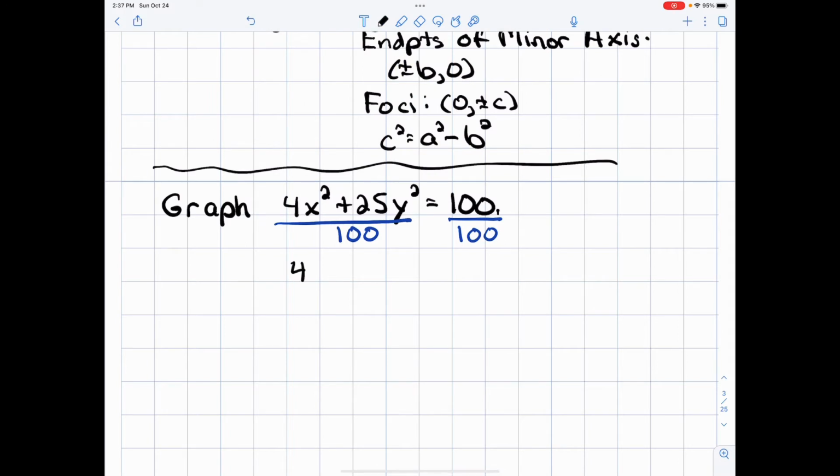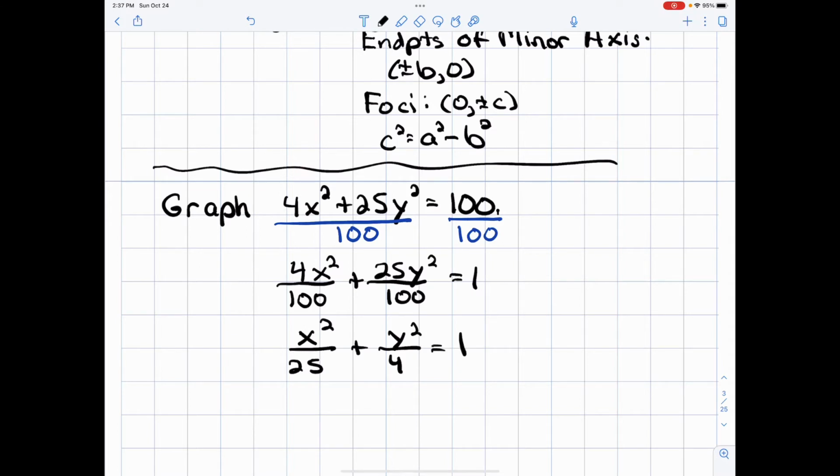So we'll have 4x squared over 100 plus 25y squared over 100 equals 1. Do a little reducing. x squared over 25 plus y squared over 4 equals 1.